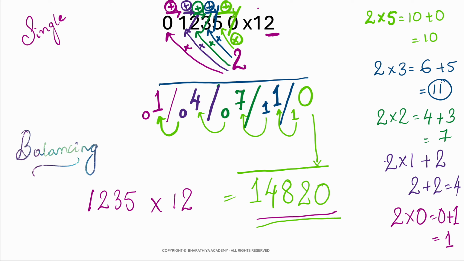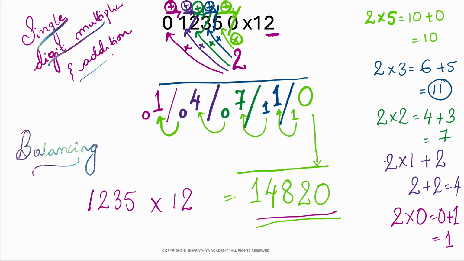Did you do any big calculations? Did you multiply with 12 or any other big number? No, it's just single digit multiplication and addition. That's it. And you have your answer, right?